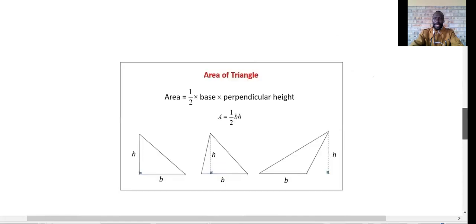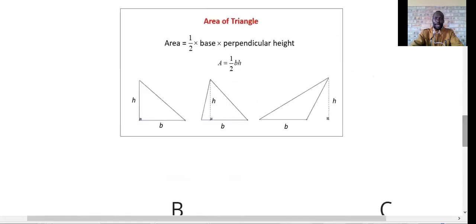The next thing, or the last bit of our polygon, the three-sided polygon that we would like to investigate is called the area. Now, the area of the triangle is easily calculated when we know the base and the perpendicular height. So notice that in this first triangle, which we are going to call right-angled triangle, just because there is this 90 degree here, please notice that there is an angle here with this small box.